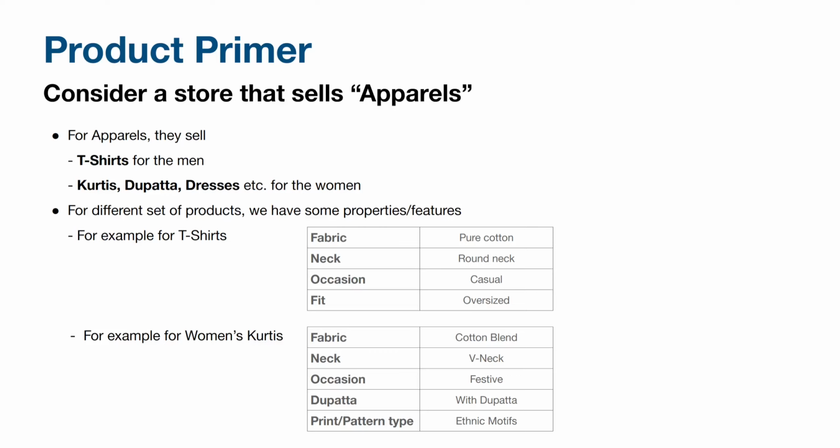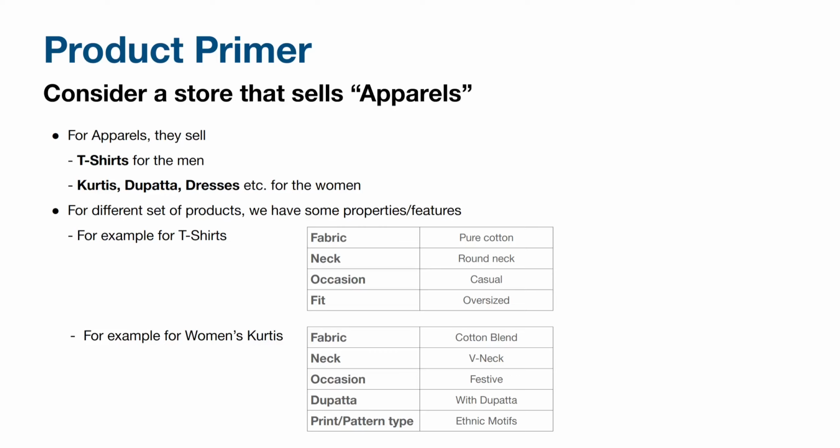Now let's consider on the other side the women's kurtis. It would have some similar properties to t-shirts also, because if you think about it, they are all apparels only. So as you can see, we have some common properties: fabric, neck and occasion with t-shirts and women's kurtis, the first 3 rows. But at the bottom you can see for women's kurtis we have extra 2 different properties, which is dupatta and the pattern type.